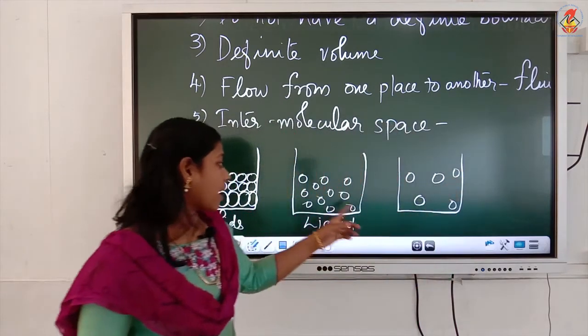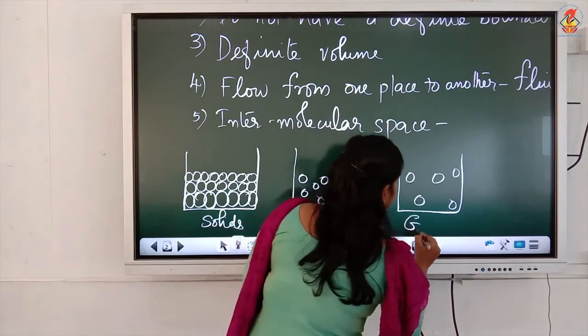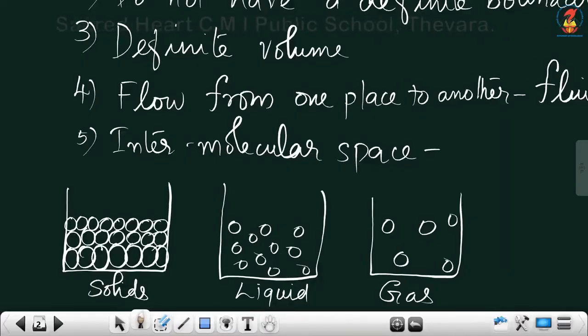So, when we consider all three states, the intermolecular space is medium in the case of liquids. It will be more compared to the solids, but less when comparing with the gas.